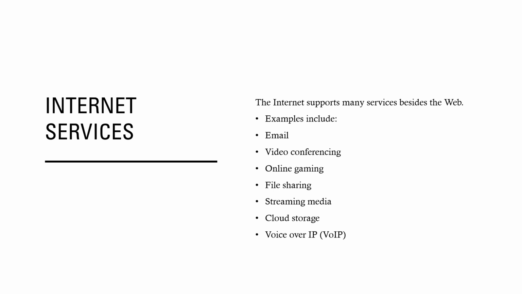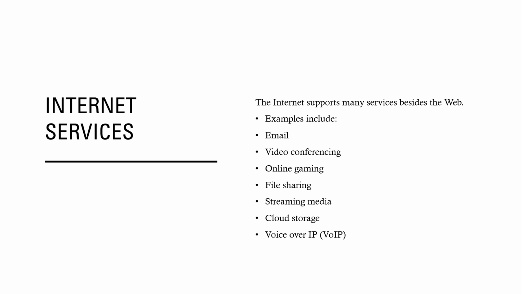If you're using Weber's free cloud storage called Box, you don't have to carry a jump drive in order to organize all your files. You can just store it in cloud storage. And then voice over IP enables phone calls to be made over the internet instead of traditional phone lines. So these services demonstrate how the internet has become an essential part of our daily lives.